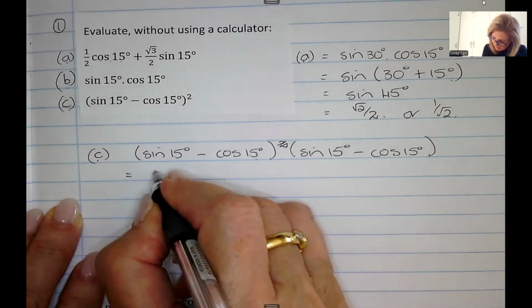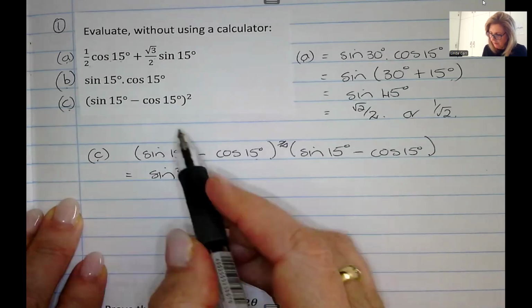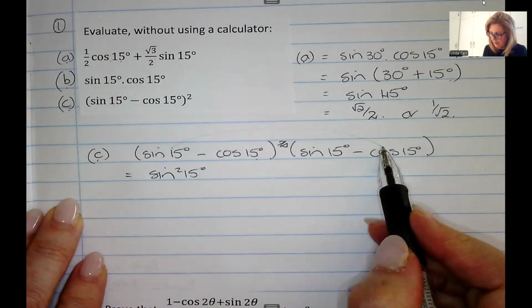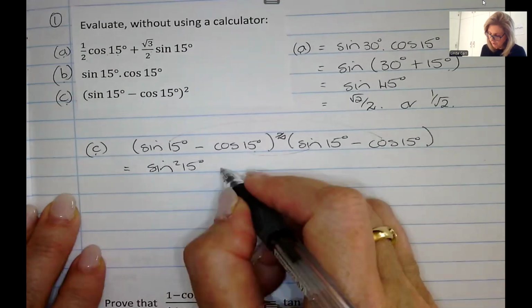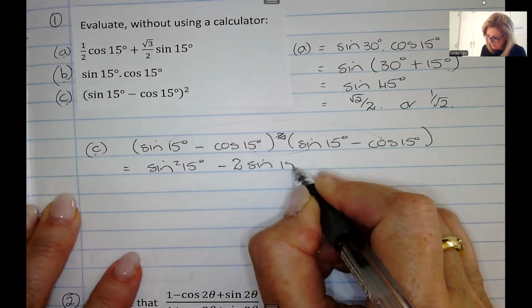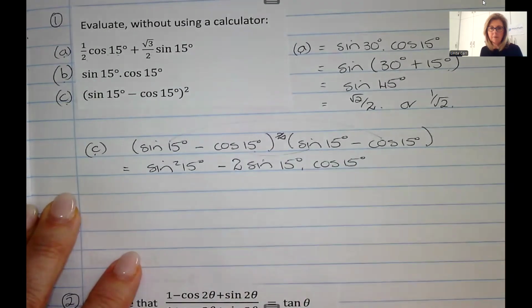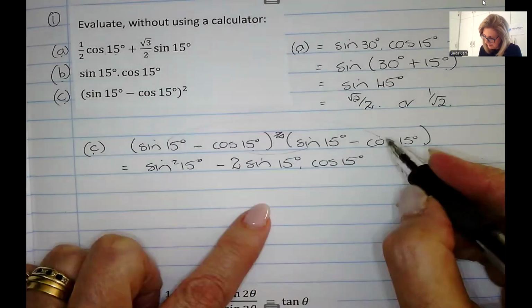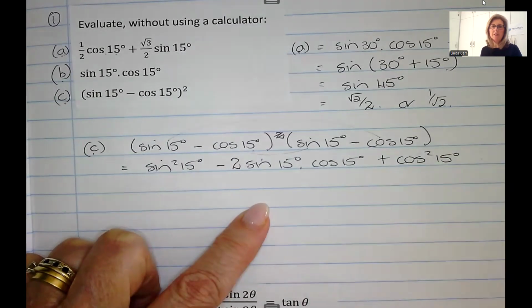So it's going to be sine squared 15. Then my outers and my inners are the same. So that's going to end up being minus 2 sine 15 cos 15. My last, a minus times a minus is a plus cos squared 15.